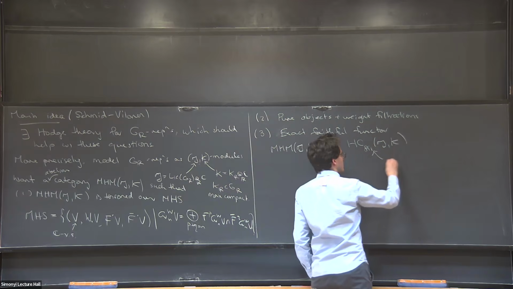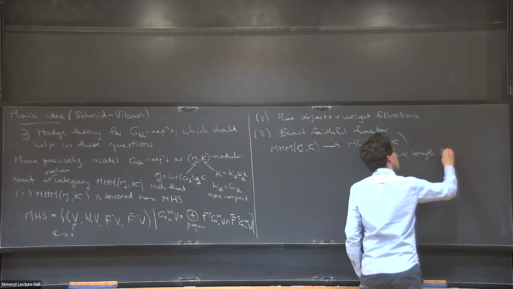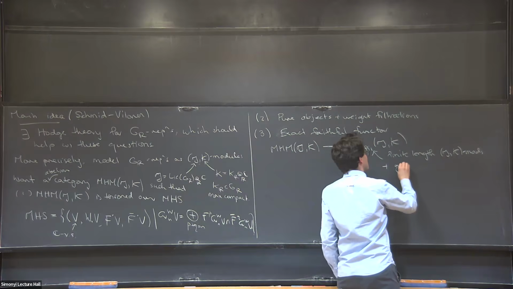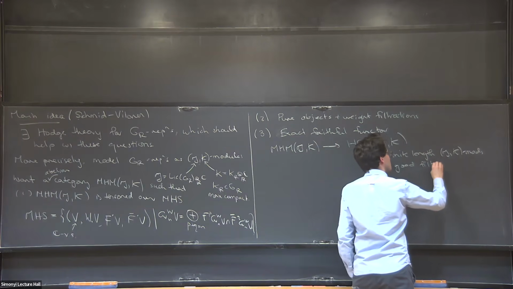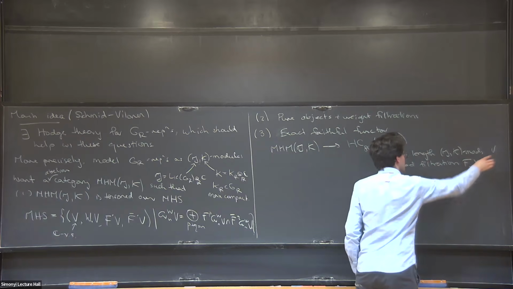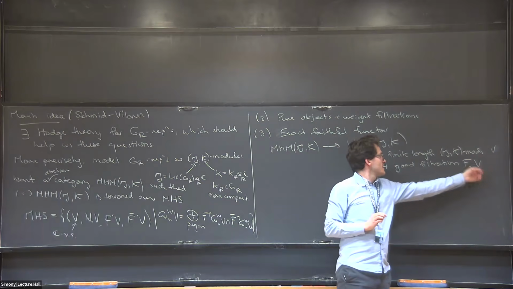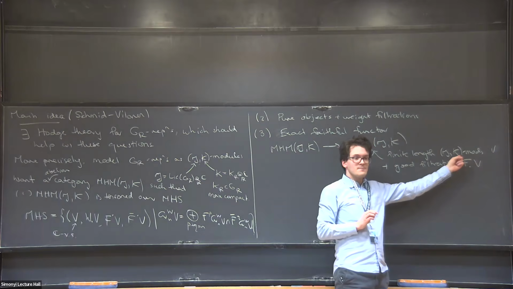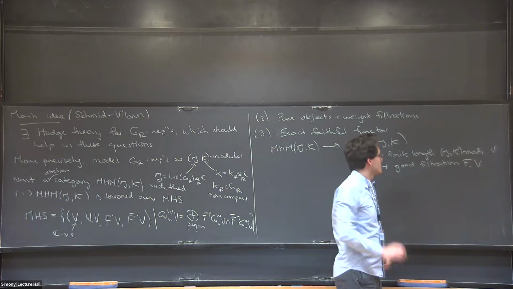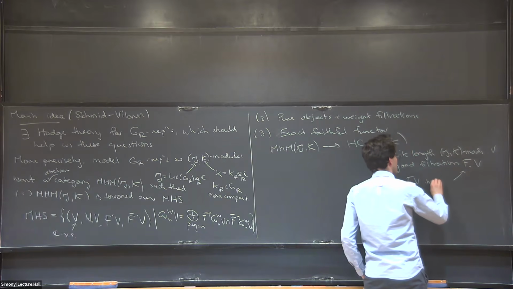So here I'm just going to take the category of finite length GK modules plus what's called a good filtration. Let's say V is my GK module, FV can be my good filtration. So good filtration just means V is a module over G and K, and I want the filtration to be invariant under K.